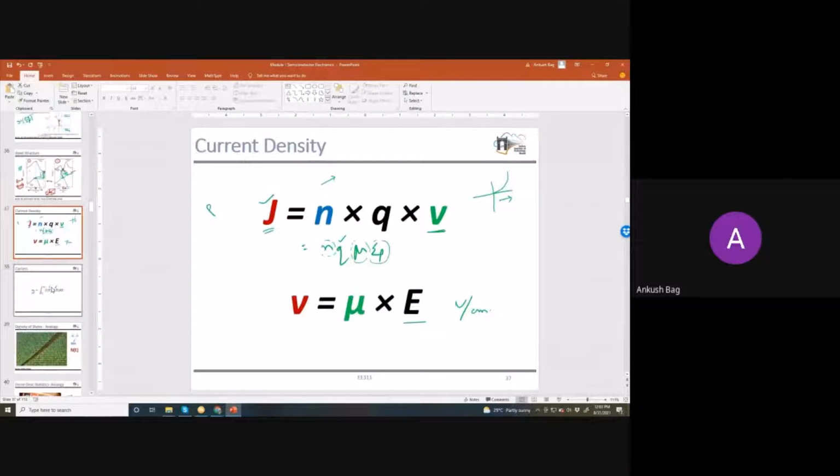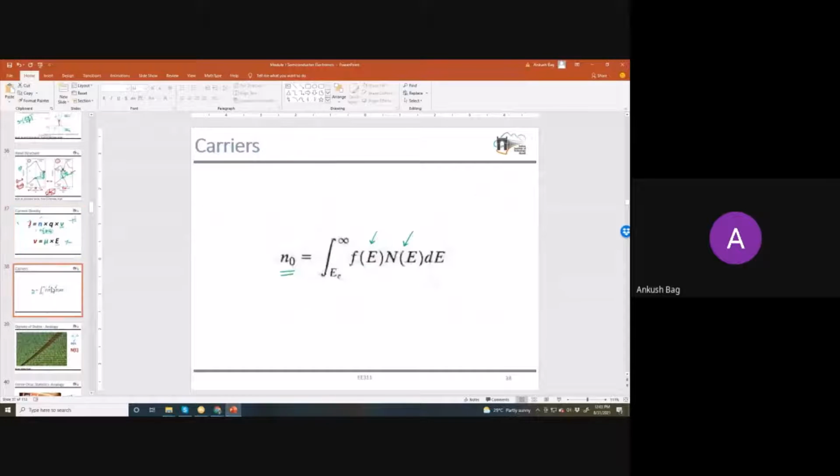When calculating the number of carriers, we understood that there are two primary parameters. One is N(E), the density of states, defined as the number of states available per unit energy per unit volume in a semiconductor or any material.